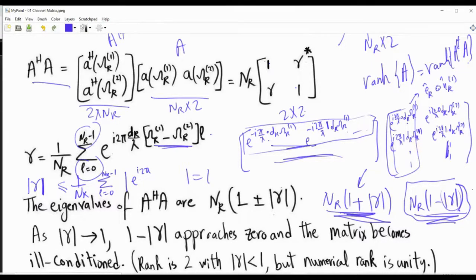And numerically, typically the decision is made based on the singular values of the matrix. So the singular values of a matrix are computed, and if you have a matrix n by n, but one or more of its singular values is tiny, much smaller than the maximum singular value, then your matrix, from a practical point of view, from a numerical point of view, is rank deficient.